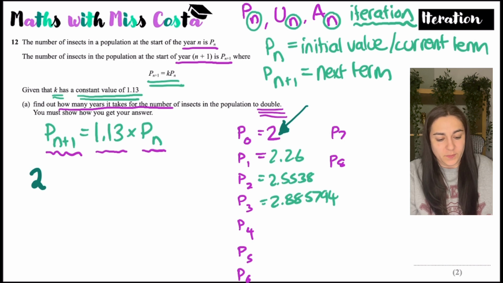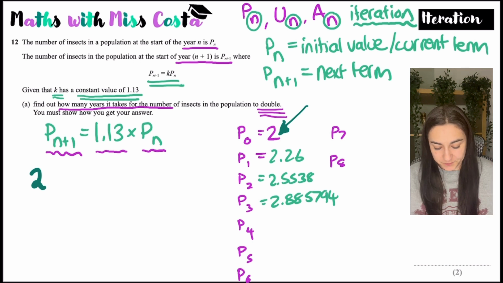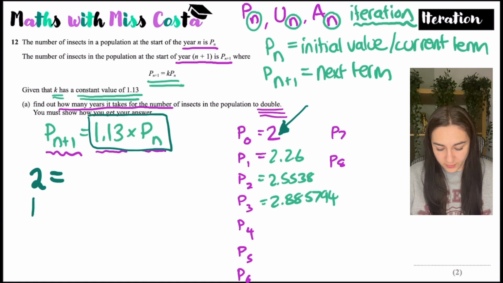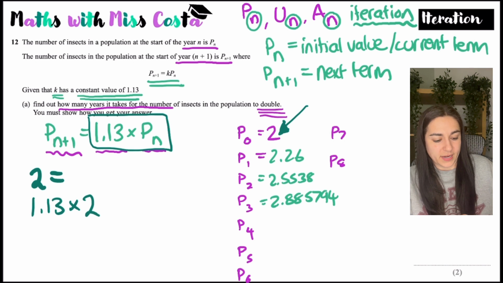So what you do, you get your calculator and you press 2 equals, okay? Then what you do is you enter your formula. So your formula is 1.13 times by Pn. So in this case, it's going to be 2. So 1.13 times by 2, and then you press equals.